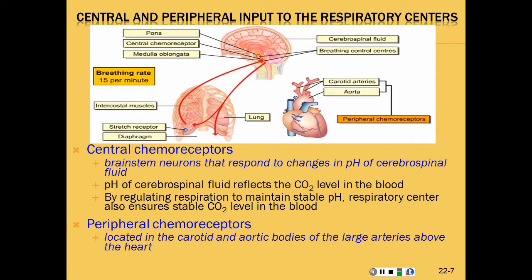Now the peripheral chemoreceptors are located in the carotid and the aortic bodies of the large arteries, which you see here, the carotid arteries, and we have the aorta. So we have the aortic bodies of the large arteries, and they're the ones that are going to respond to the CO2 and the O2 and the pH of the blood.